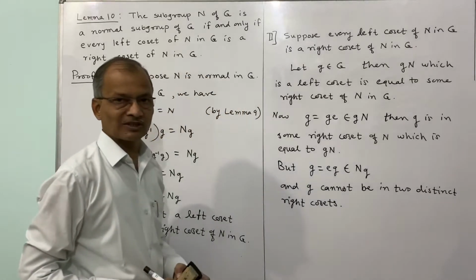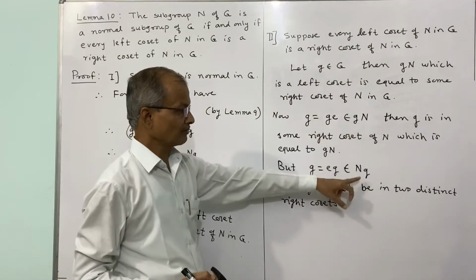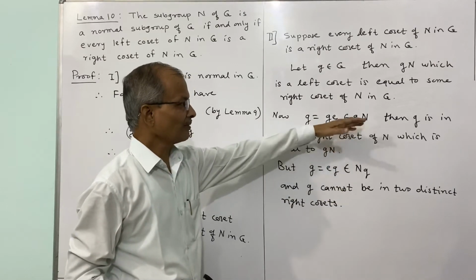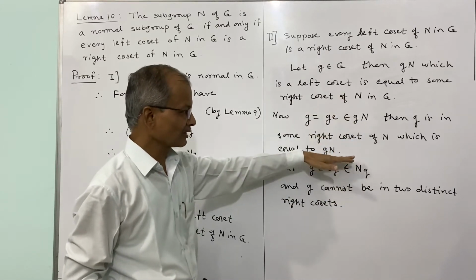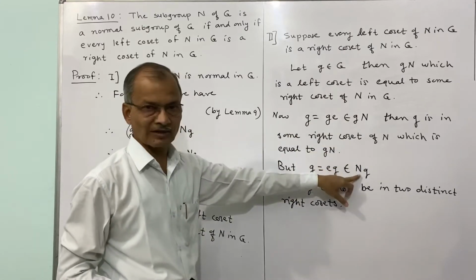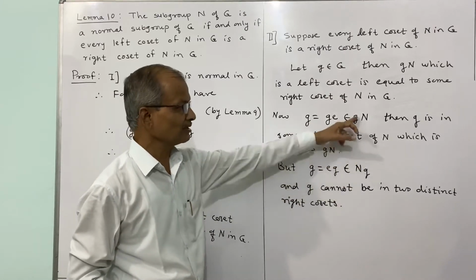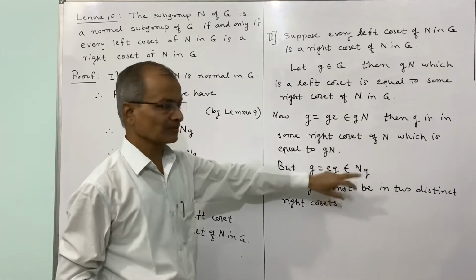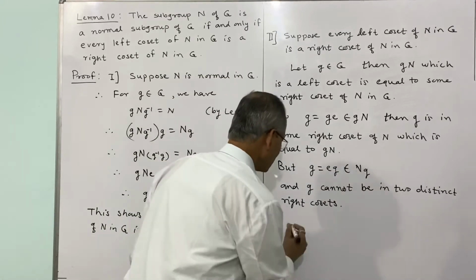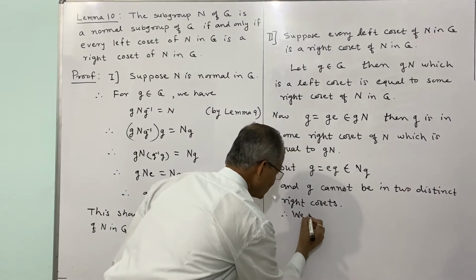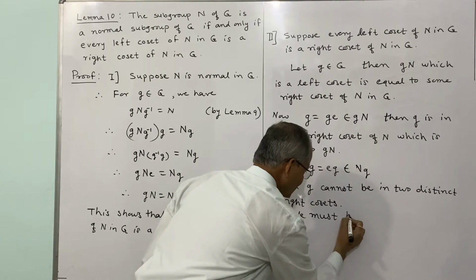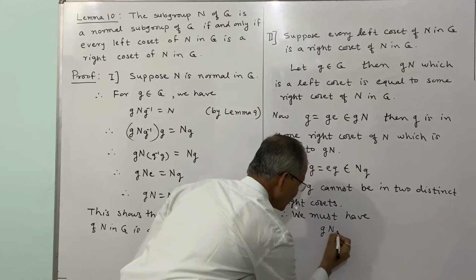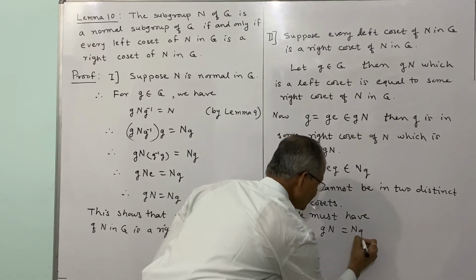So therefore we must have gN equal to Ng. This g is in the left coset gN, but the left coset is equal to the right coset, and again g is in this right coset, and therefore these two cosets must be equal. So therefore we must have gN is equal to Ng.